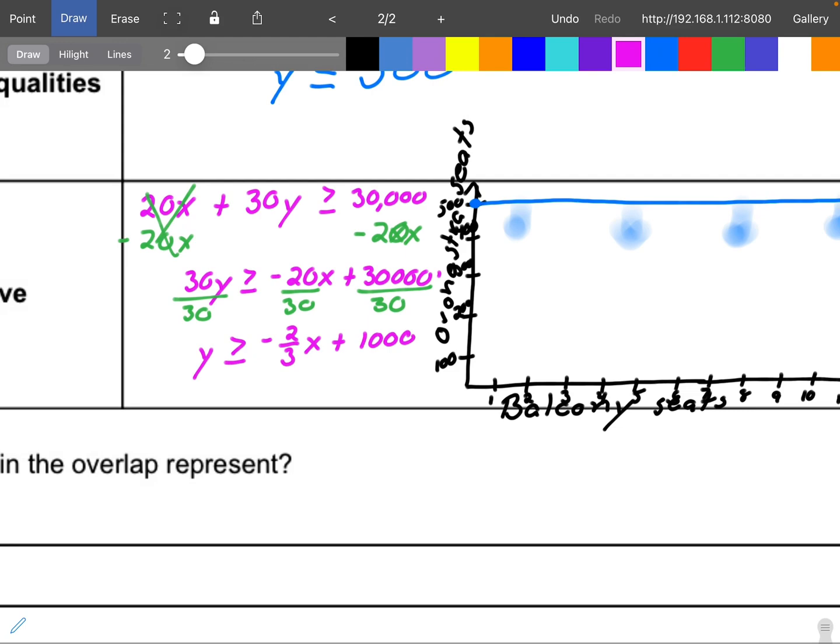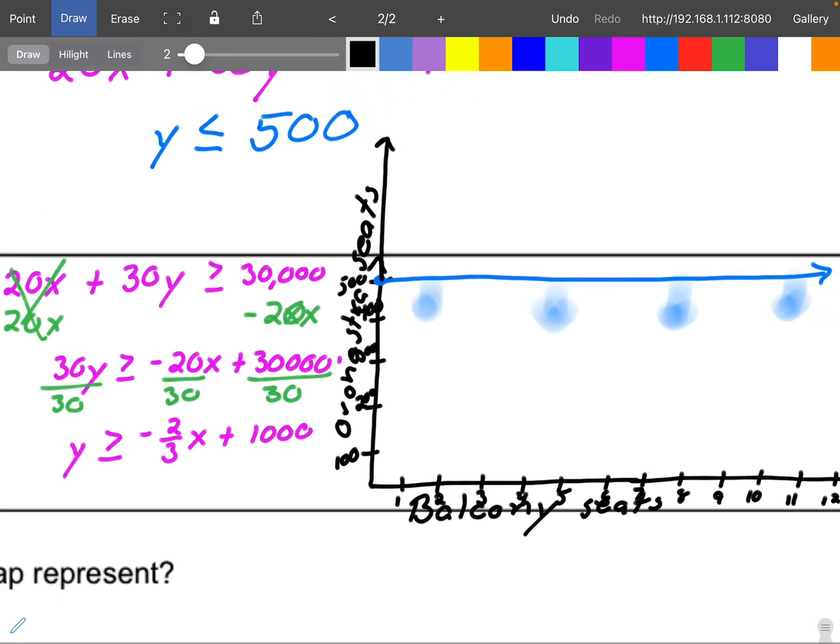So that tells me that on my y-intercept, I actually need to start at 1,000. Well, that's a problem because I only went up to 500, so I would need to continue this. This is not a pretty graph, so you'll have better graphs to use. So 1,000 is going to be up here, and then we're going to go down 2, right 3.